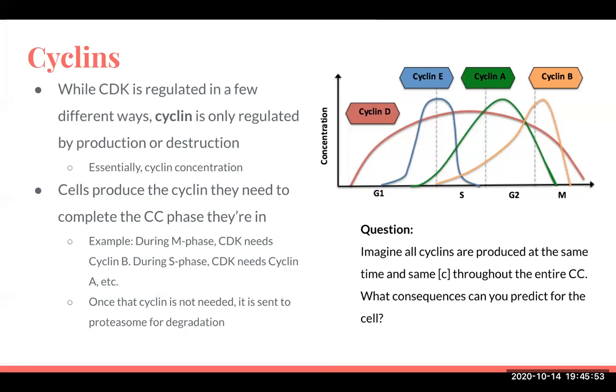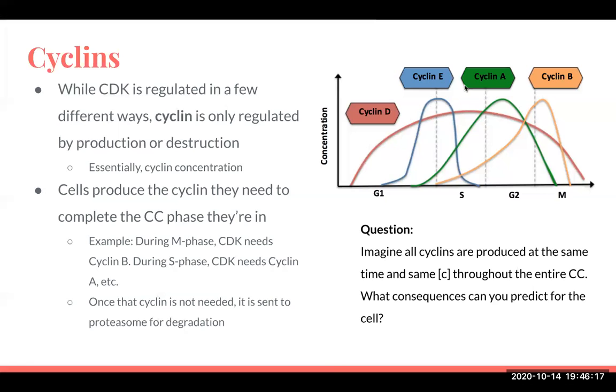CDK needs to be bound to the appropriate cyclin during the appropriate cell phase. If you have every single cyclin produced at equal concentrations throughout the entire duration of the cell cycle, CDK is going to get a bunch of mixed signals. First of all, there's going to be a lot of cyclin traffic going around, a bunch of cyclins bumping into each other and diffusing everywhere.